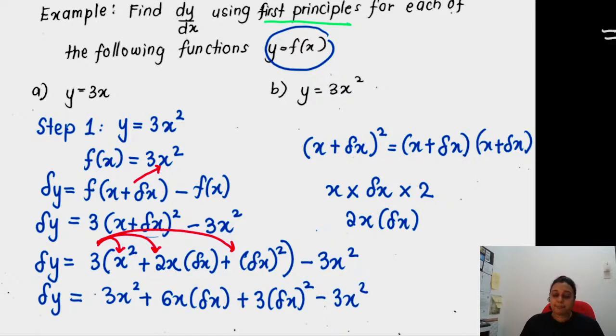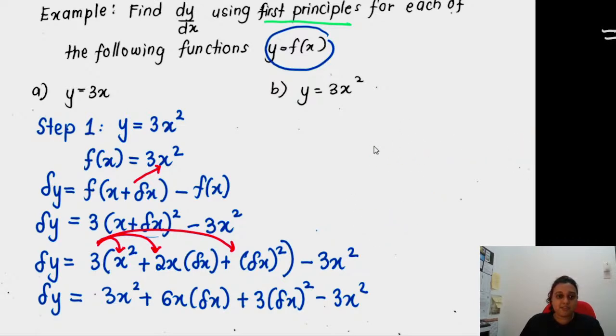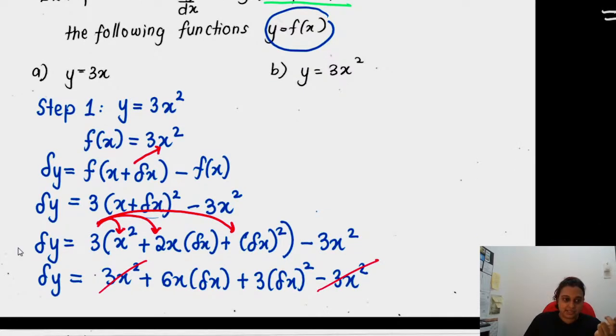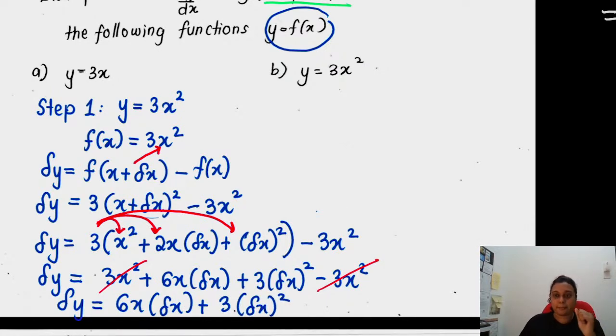Up to here, if there is anything that you can solve, we solve. Let's see, is there anything that we can solve? Yes. 3x squared minus 3x squared is 0, no more already. So you're only left with, I'm just going to copy that as the final answer: delta y equals 6x delta x plus 3 delta x squared.